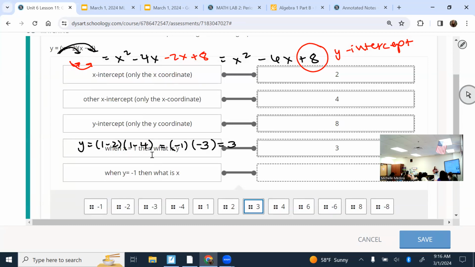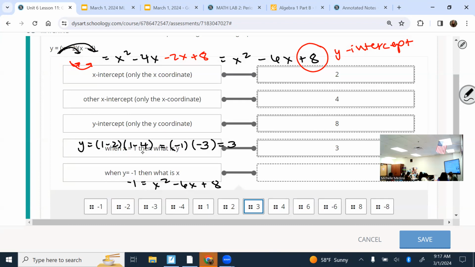Now, for when y is -1, what is x? I probably would not plug into the factored form for this one, because then you'd have to solve for the two x's, and you'd probably end up having to multiply these out anyway. So for this one, I would plug it into the standard form. In that case, we are doing -1 equals x squared minus 6x plus 8.